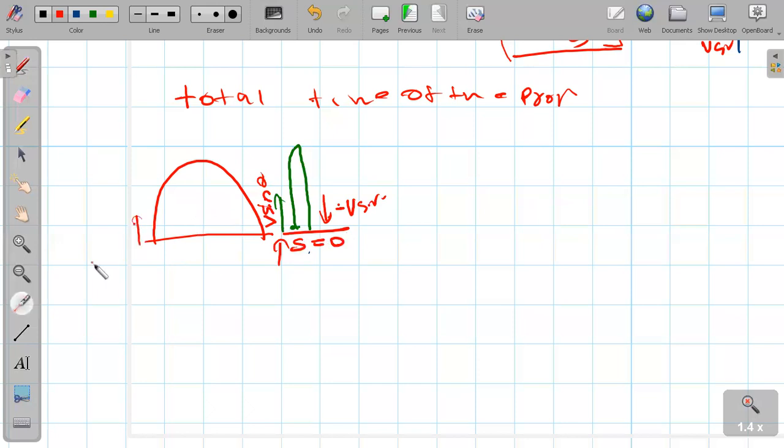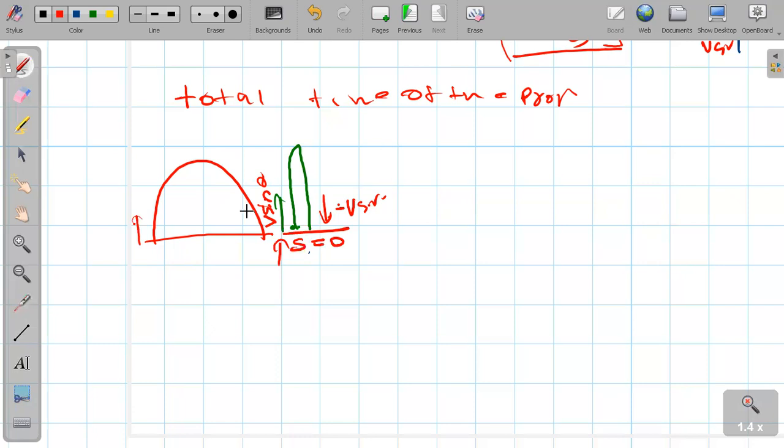Why? It started from here, reached the maximum, and comes down. Understand?